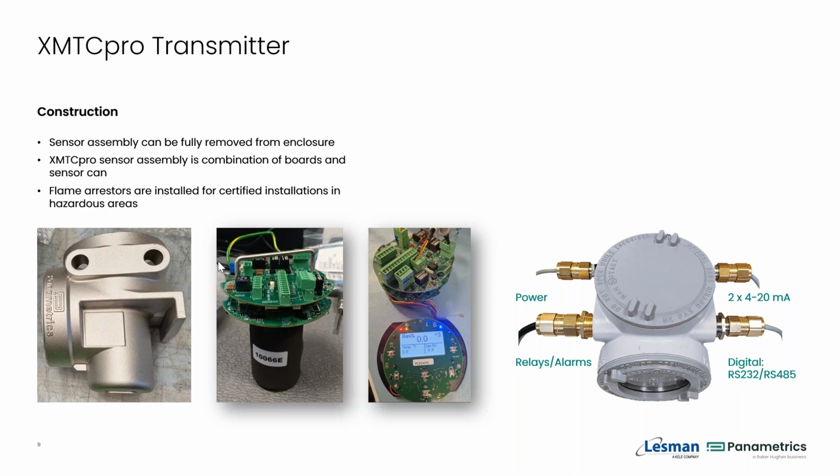The flame arresters are installed for certified installations in hazardous area. So here at the bottom, you see there's nothing attached. You would have flame arresters here if it was going into an explosion-proof area. There are 4 entries, one for power, one for your relays and alarm contacts, one for your digital output or communication, and one for your 4 to 20s coming out.